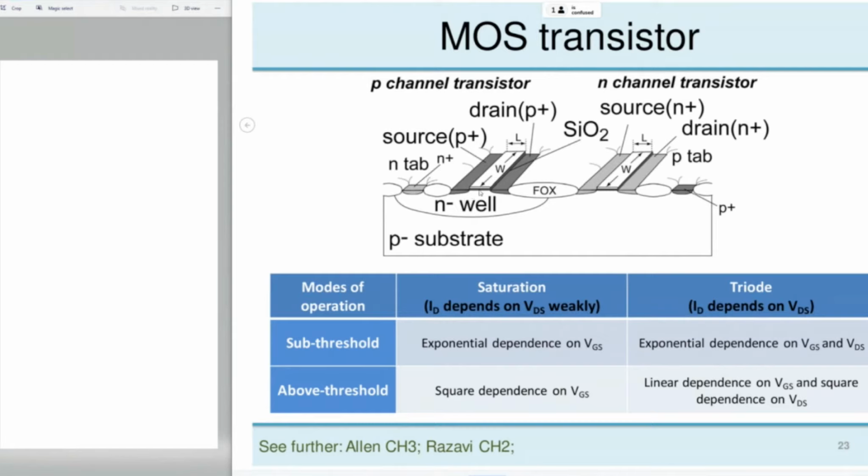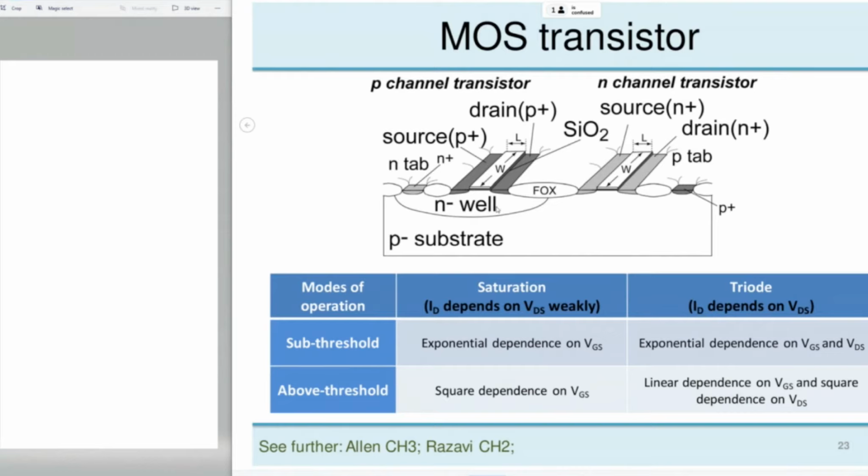And here the local substrate, or the well, is N, and when the transistor operates and the interface below the oxide is inverted, we'll have a P channel, and it has the name P channel transistor. So this is the NMOS transistor, and this is the PMOS transistor.